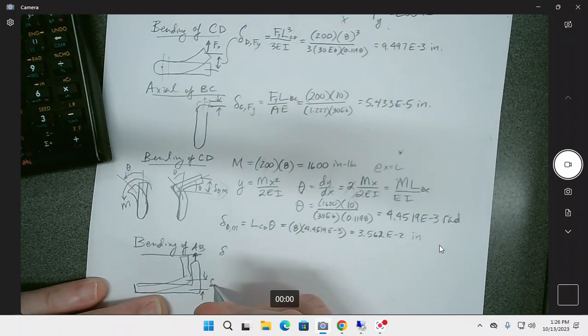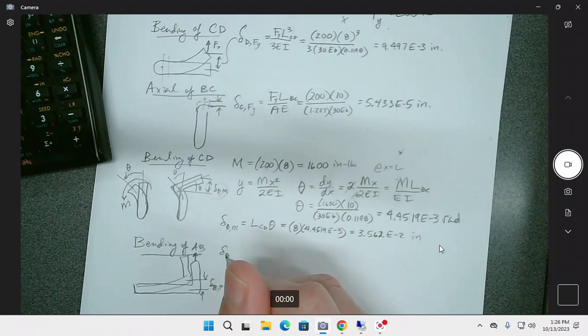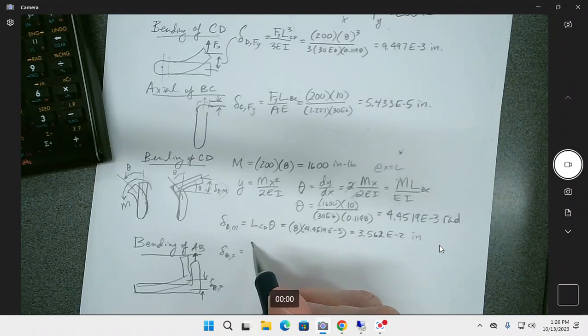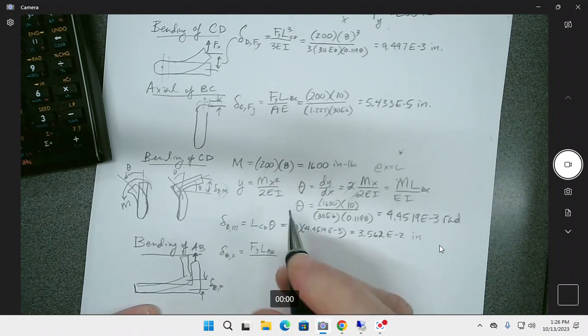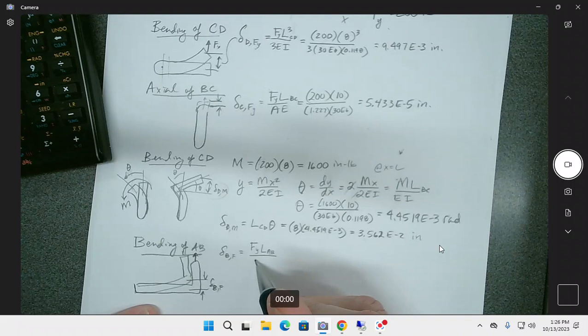Here's the delta, and this is going to be the B due to F. So FY, L, where AB is the length, over 3EI.